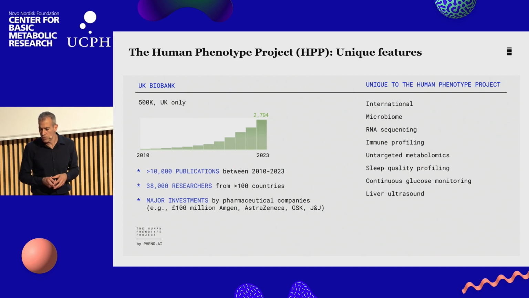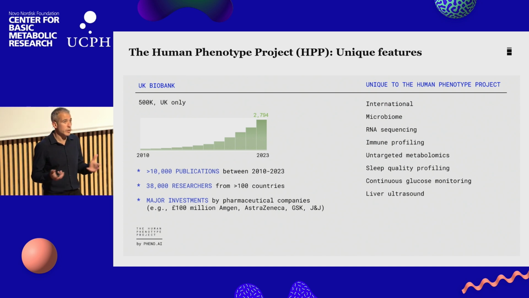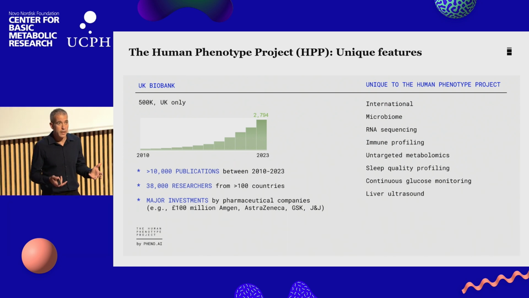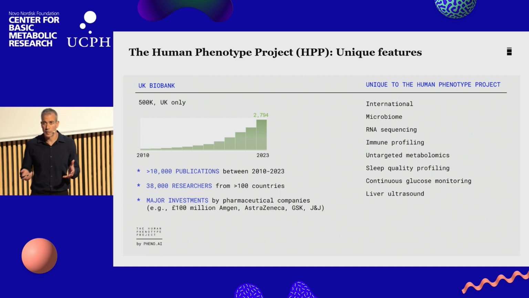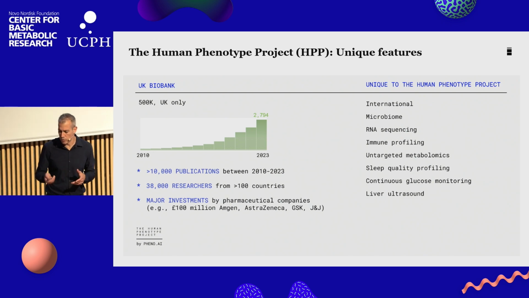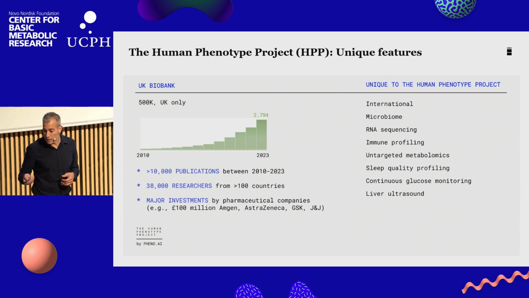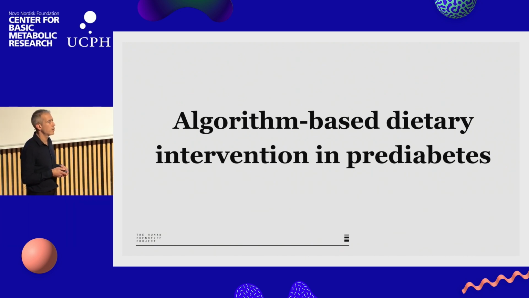These are unique features to this cohort, which is why I believe that this will be complementary to the UK Biobank. And like the UK Biobank, we are also giving access to the cohort free for academics for research.